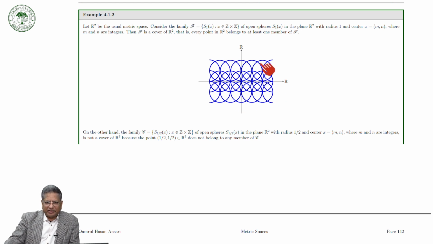On the other hand, suppose we consider a family C with the same centers, where the center X is equal to (m, n) and m and n are integers, but I am considering the radius to be half. If I take the radius to be half, then what will happen?